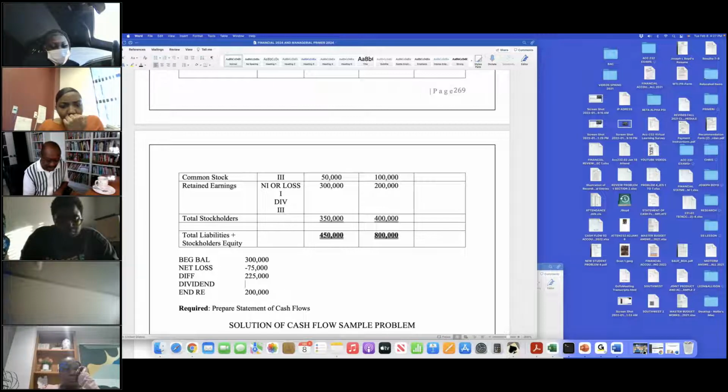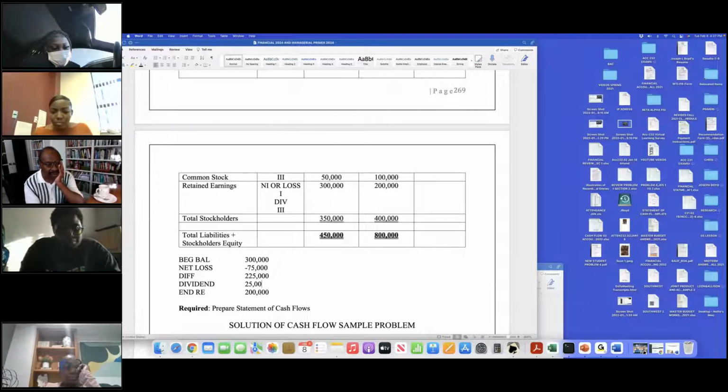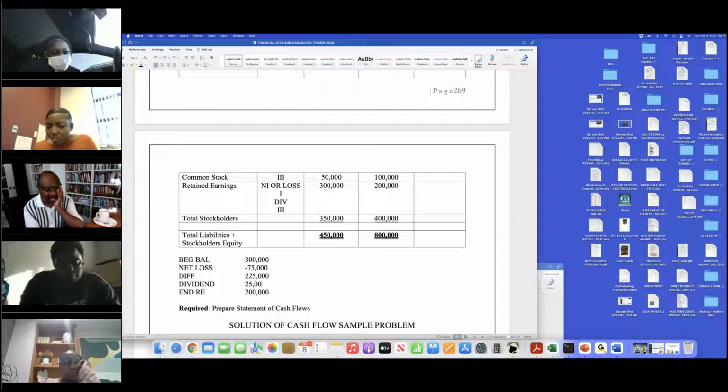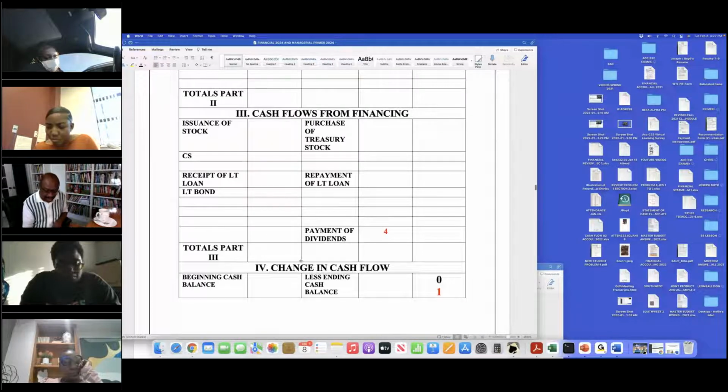The dividend must have been 25,000. So this is a statement where we know the beginning balance, the loss of income, and the ending, and we just backed into the dividend, which is 25,000. And so we now have the dividend part.